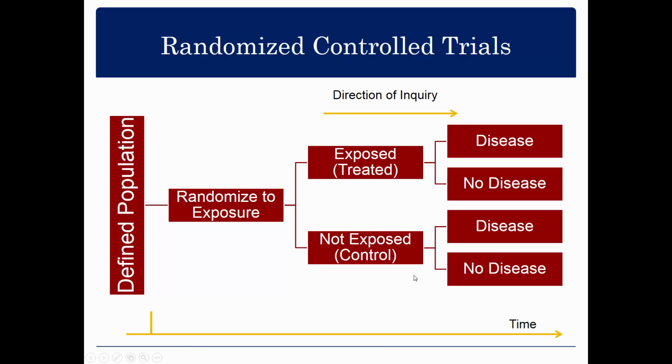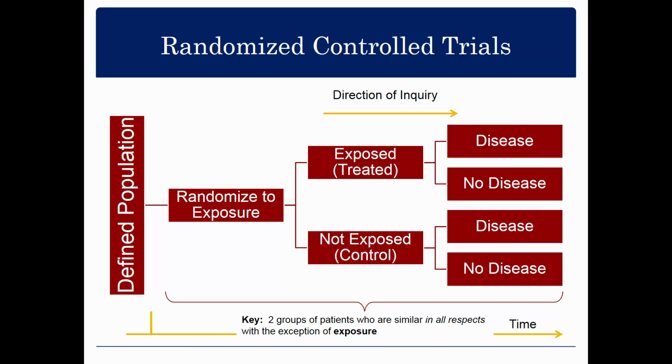So this looks a lot like a design we saw before, only now the key is we're randomizing. We're exerting control over which subjects are exposed and which are not exposed. Notice, not all scenarios, not all research questions would allow this to happen. So in some scenarios, even though this is the gold standard by which we measure all evidence, sometimes it's not possible, which means we never discount any study as long as it's rigorous.